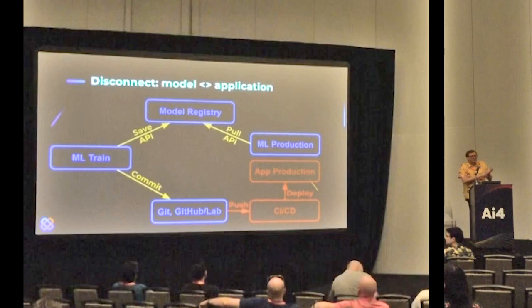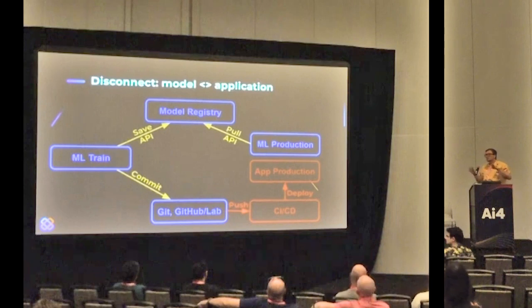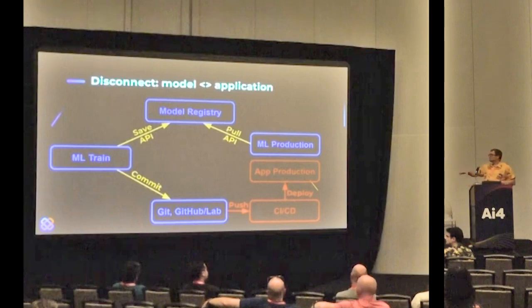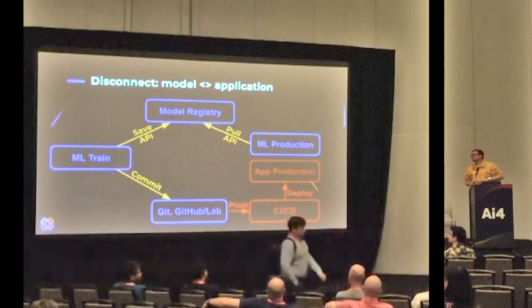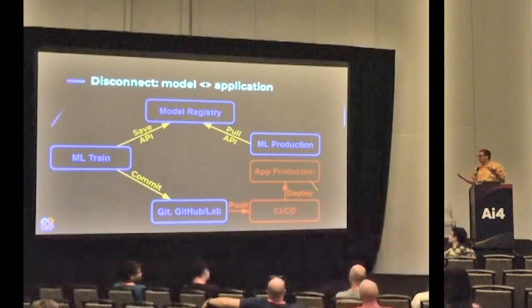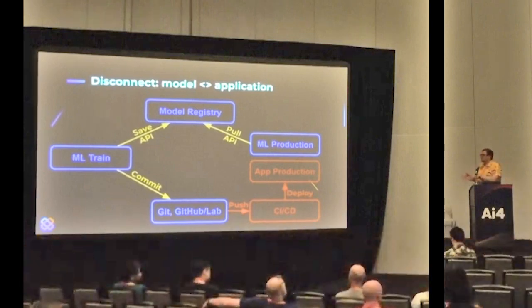The next set of problems with a usual, not Git-based, model registry is the disconnect between your ML team, who does the deployment of the ML models, and the application team or software team. For example, you have an application which uses some models inside, and usually the software team has a special deployment process.